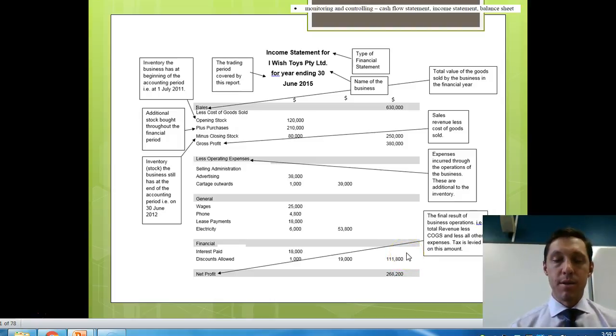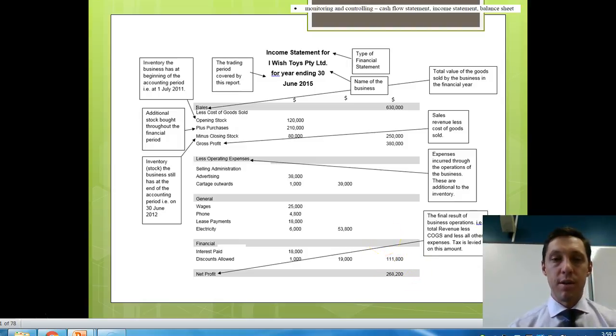And so those expenses allow the business to calculate, well, what was its net profit? So its final profit, the profit really that all stakeholders, both internal and external, are really focused on. And that meant that our gross profit, less those additional expenses of $111,800, led to a net profit for this period of $268,200.